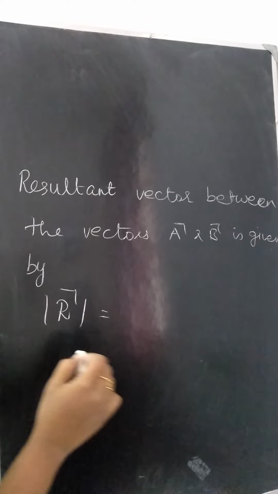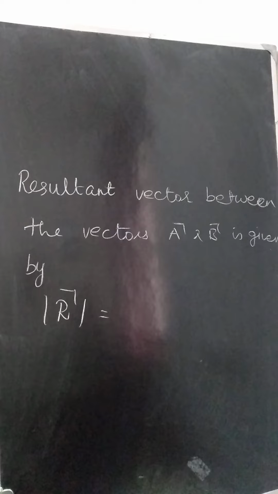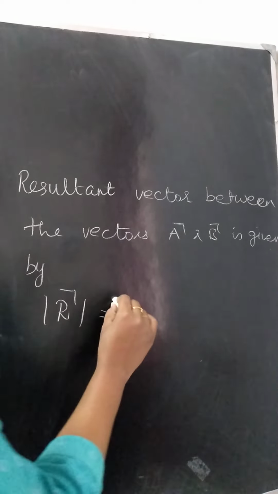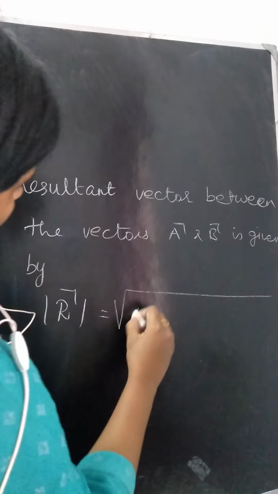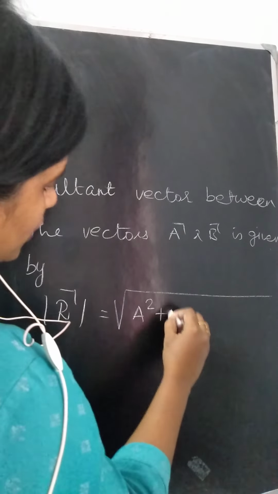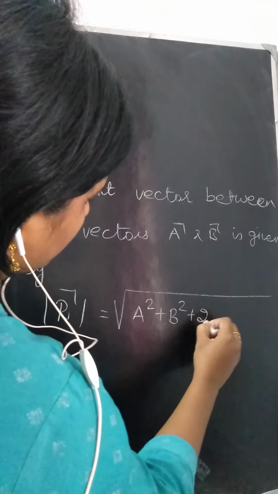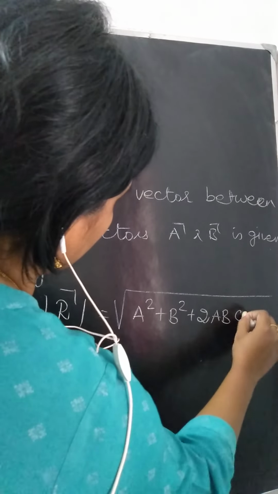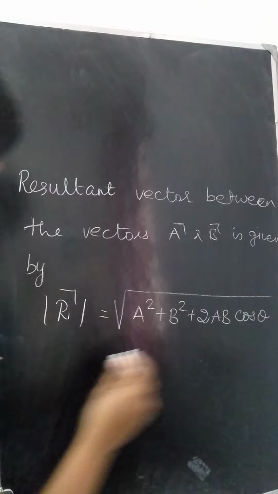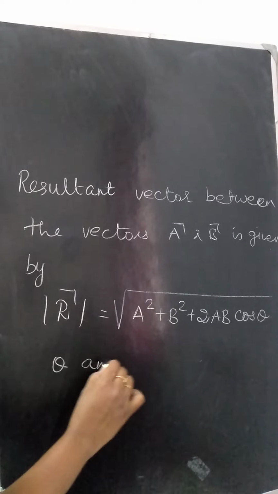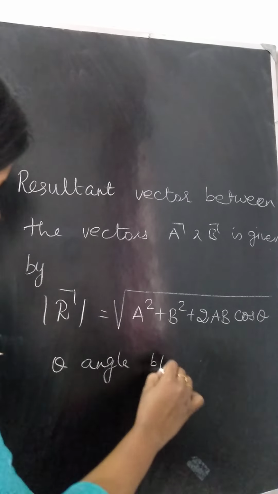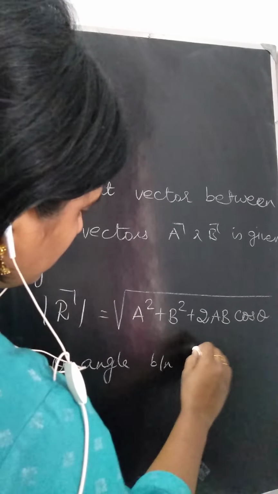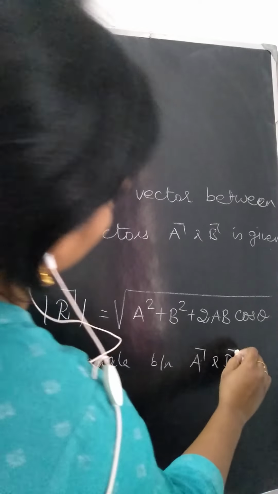What is the formula? Write down: root of A square plus B square plus 2AB cos theta, where theta is the angle between A vector and B vector.